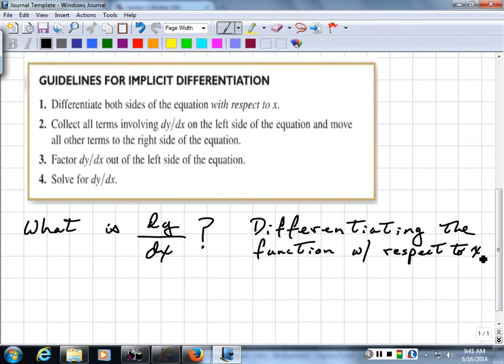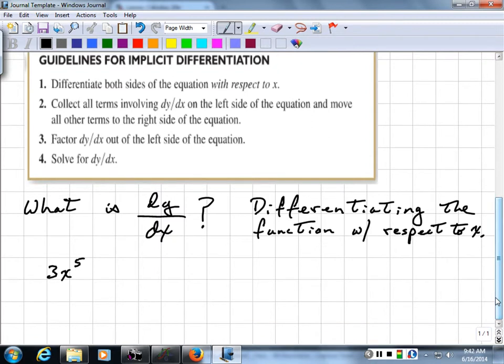Okay. Let's look at what's going on here. Let's say that I've got 3x to the 5th power, and I decide that I want to take the derivative of that with respect to x, d over dx. Instead of just dy over dx, I could write it as d over dx.